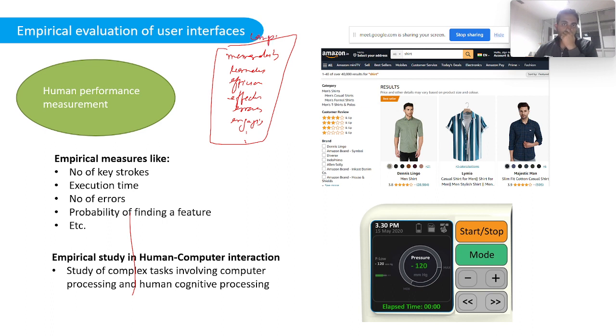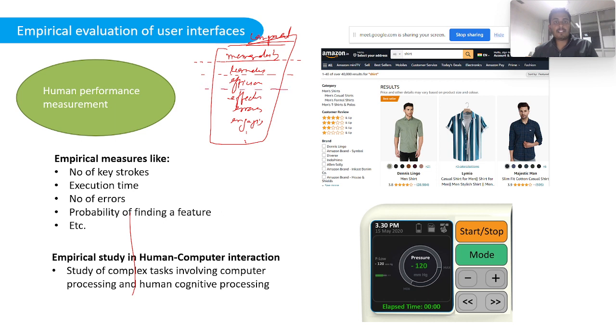However, we need a way to measure these components, because these are the components which define usability, but there should be some way to measure them. Memorability means that when a person comes back after a certain lapse, he should be able to recognize or recall the information for a fresh start. Learnability means it should be easy for a new user to learn.